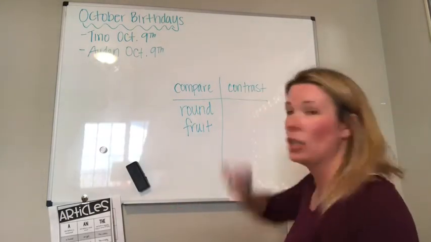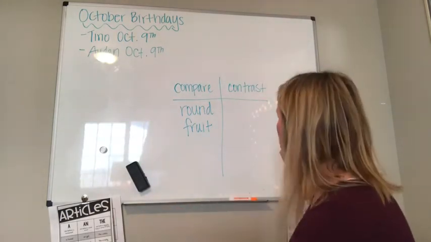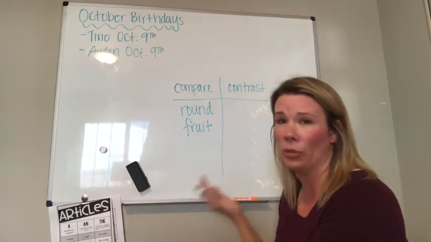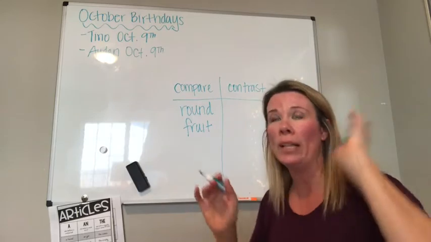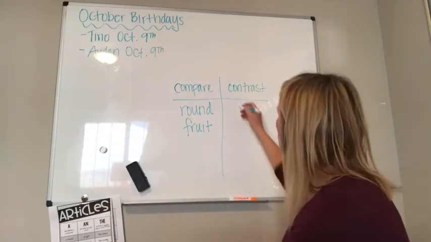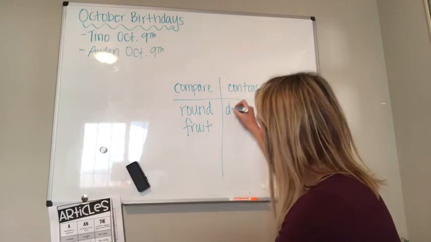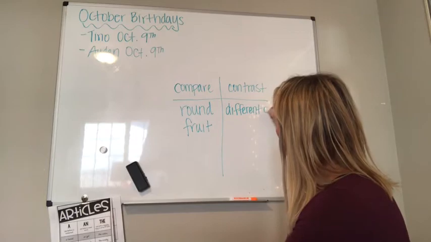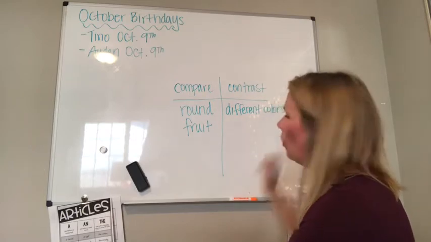The contrast, so the difference between apples and oranges is that one's red and one's green or yellow, one's orange and one's either red or green, right? So when we contrast, there are different colors. What else is different?